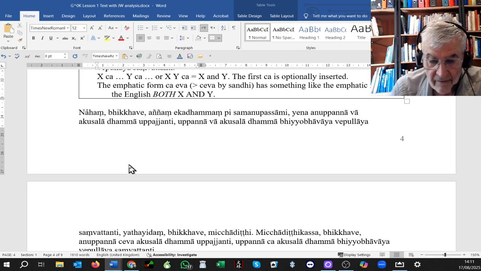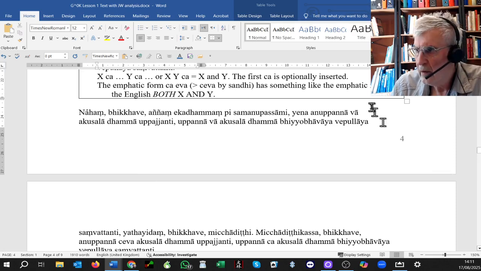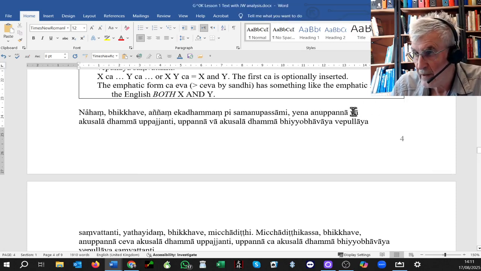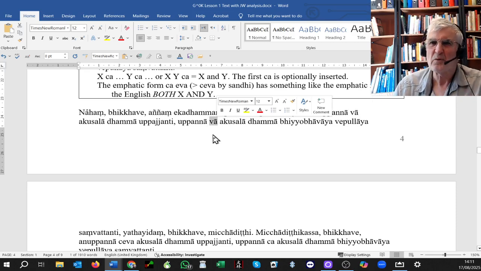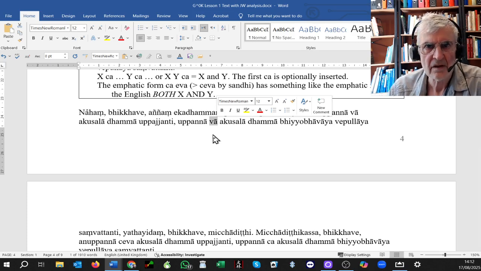This va and va, the first va there that I'm highlighting and the second va there, means either or. It can mean both and, either or both and, depending on context.